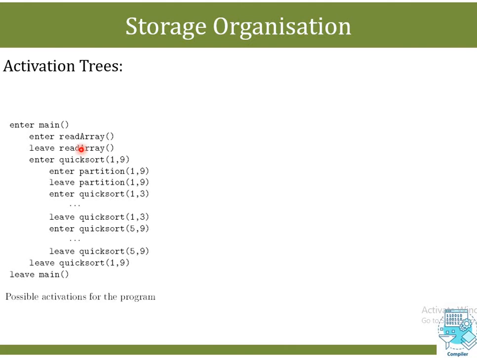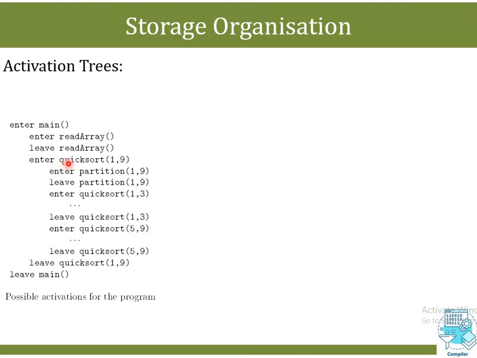Once the control leaves the read array function, the activation record that was placed in the stack will be removed from the stack. So at this point you will have only the activation record for the main function. The activation record created for the read array function will be removed from the stack.